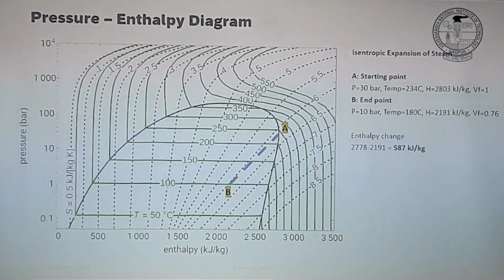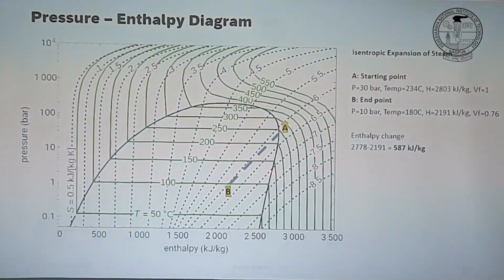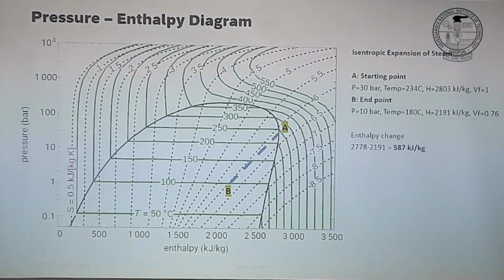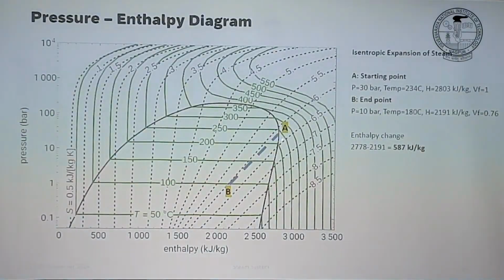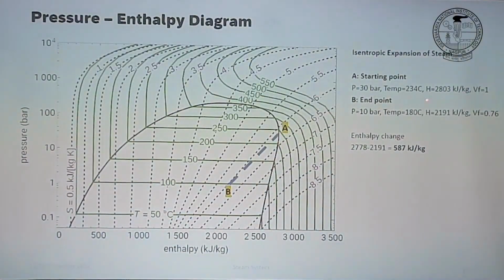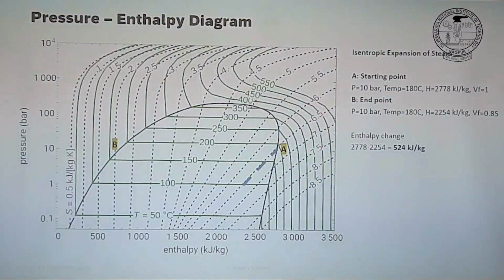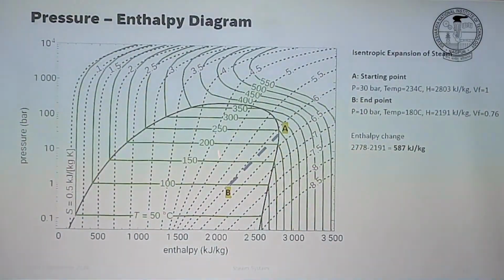So if you want to extract kinetic energy from steam, what would you prefer? You move a little bit up on this curve. That means generate steam at higher pressure, thereby you increase the enthalpy of point A. There you could see 2803. So earlier we saw the enthalpy was 2780 at 10 bar, but now I am generating steam at 30 bar, right?